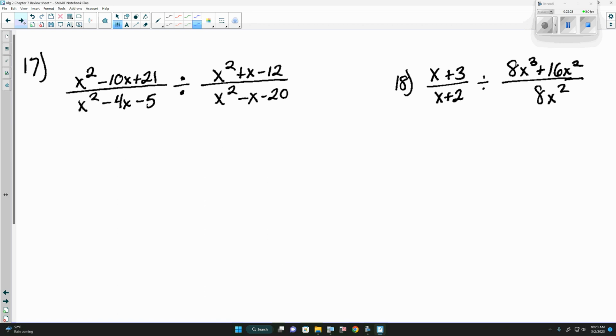But the main thing I would do is keep, change, flip. Just so we remember, and then I would factor. Because the first one's going to stay the same. We're going to flip the second.